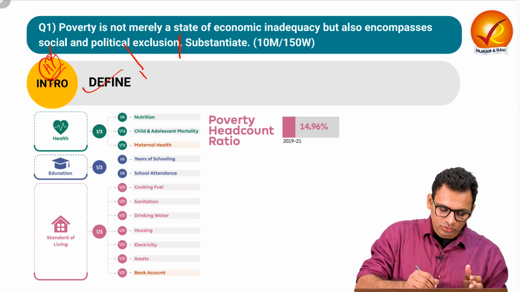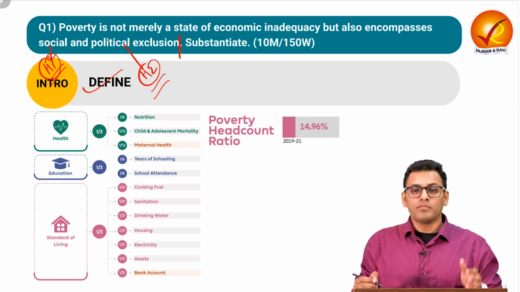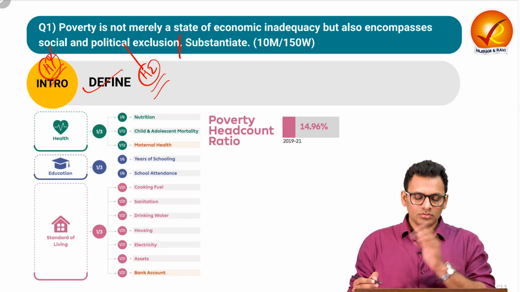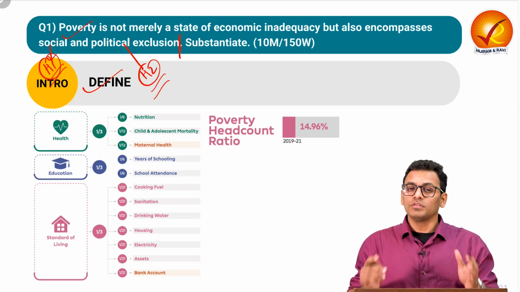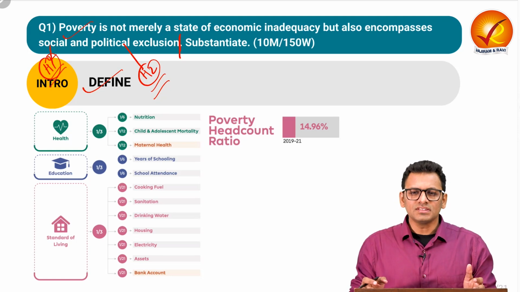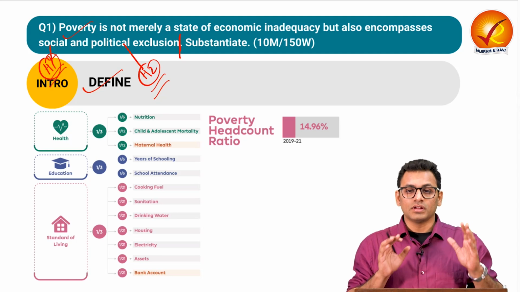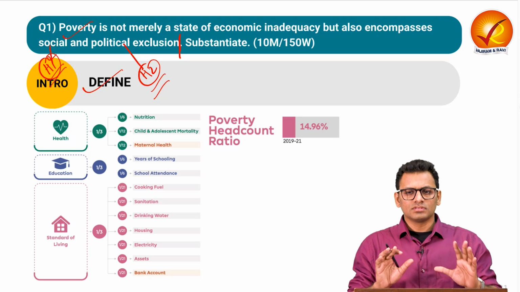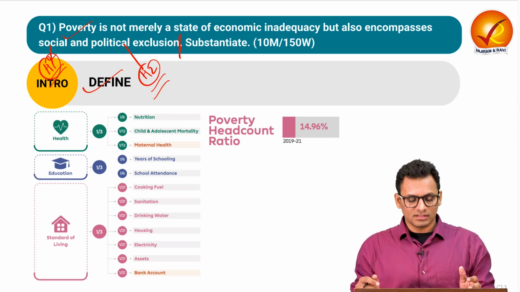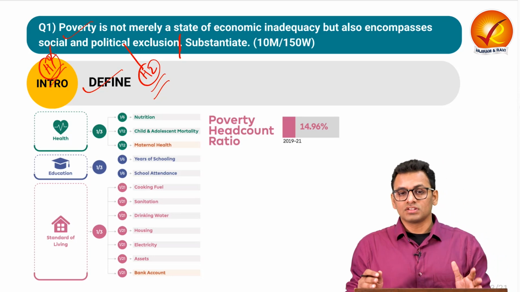Then in heading 2, you can talk about how political exclusion is leading to poverty. And in the conclusion, you have the opportunity to talk about the way ahead, what measures can be taken to ensure social inclusion as well as political inclusion, such that poverty is eliminated in India. So this is the structure for this answer.